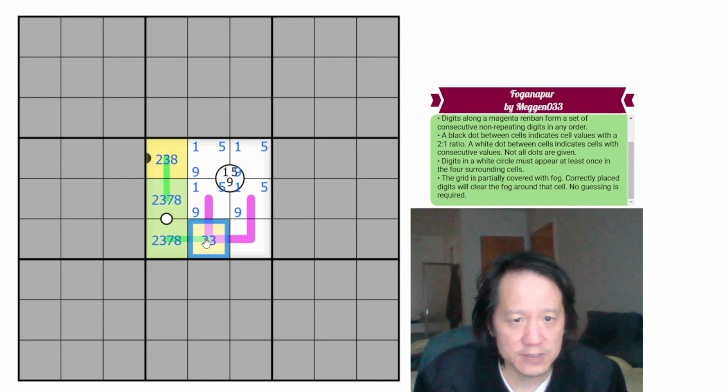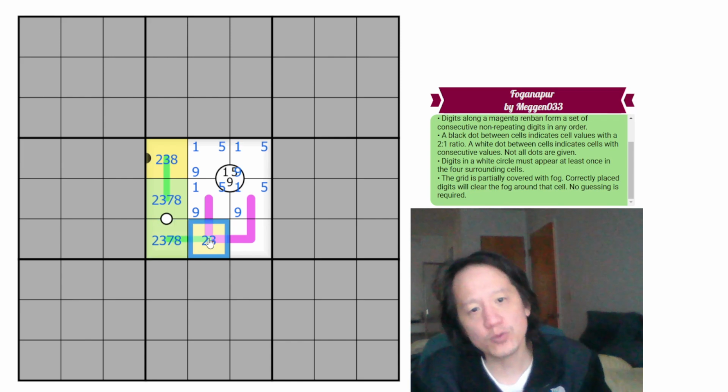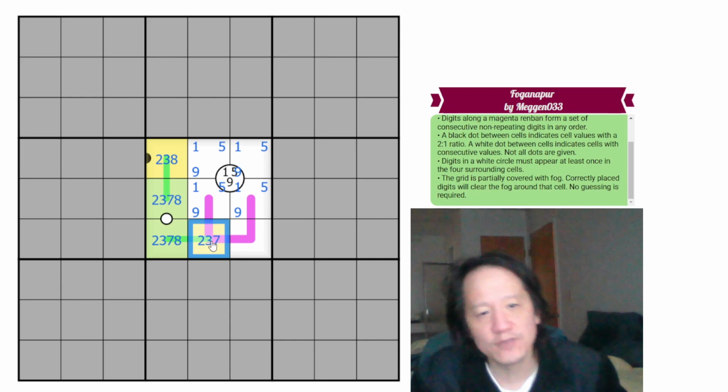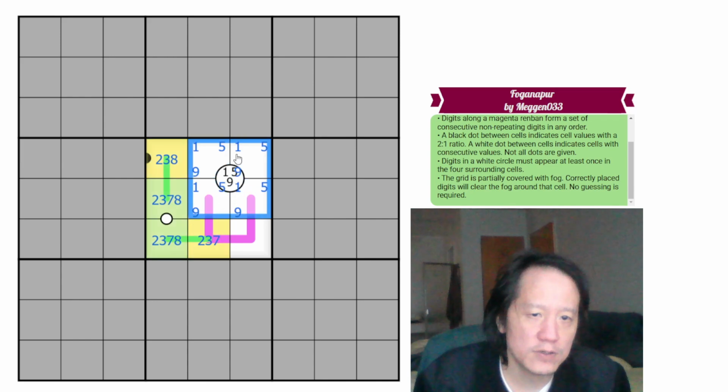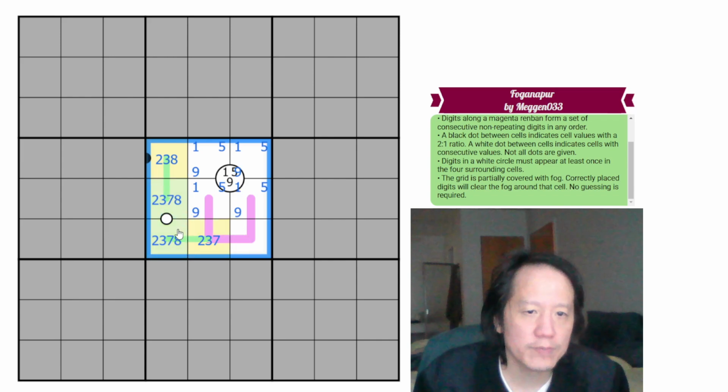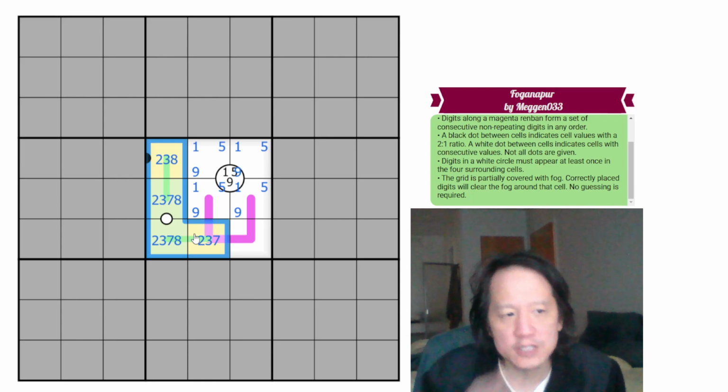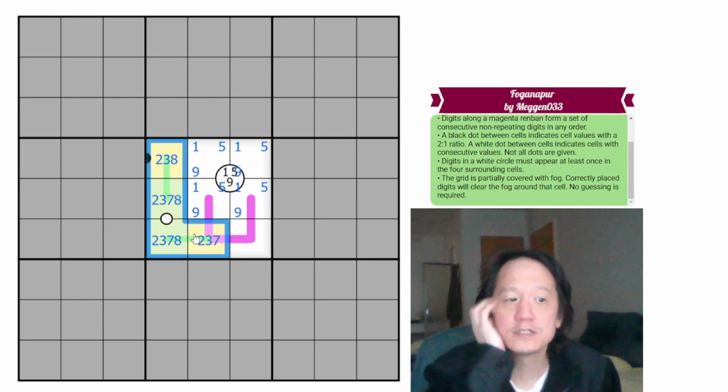It could be 6, I guess, but the 6 has to be with a 1 on a German whisper line. Therefore, this can't be 6. Therefore, we know this would have to be a 7 if this were high. So now we have a 2, 3, 7, 8 quadruple, which means we have 4 cells which contain 4 specific digits.